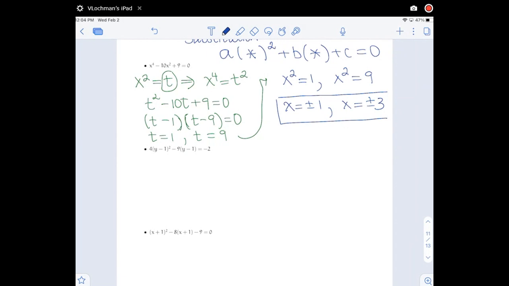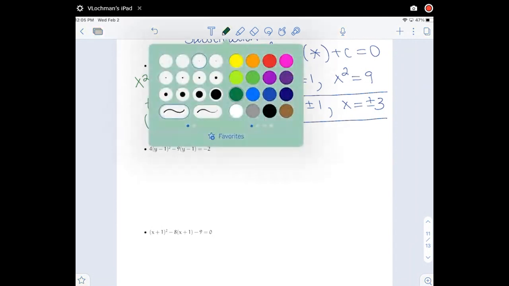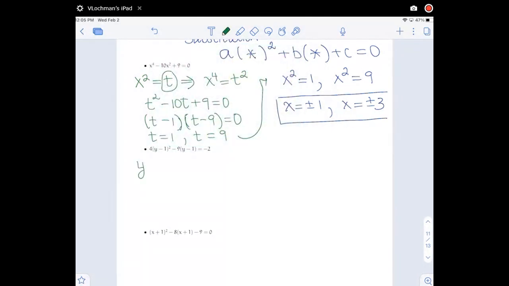All right, I'm looking at the second example. I have a form that kind of looks like a quadratic, but not quite. So my substitution here will be y minus 1. I'm going to call this t. You can pick any variable you want. So from here, y minus 1 quantity squared is t squared.